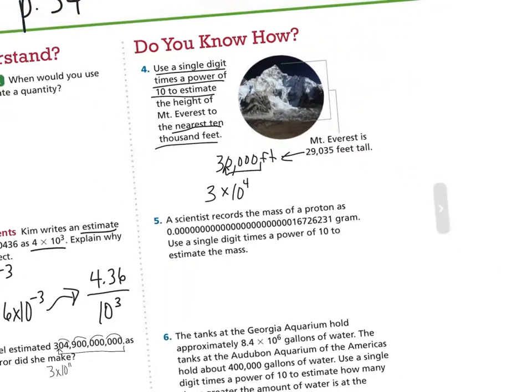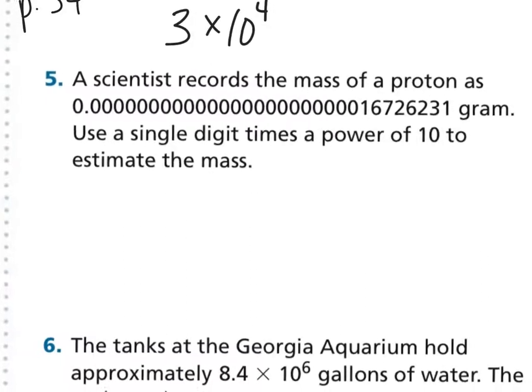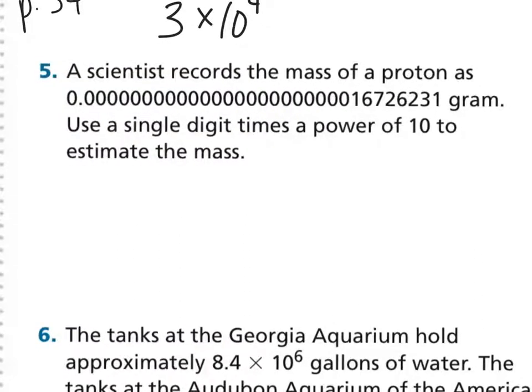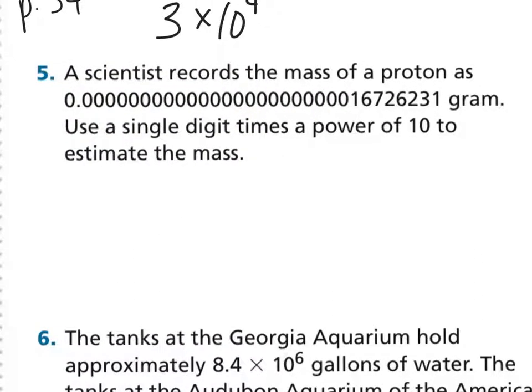If we look at number 5, this is the reason they use scientific notation. It's really hard to keep track of how big or small these numbers are like this. So a scientist records the mass of a proton as that part of a gram. Use a single digit times the power of 10 to estimate the mass. Okay, so we are estimating. If you'll notice, the first number we have that's not a 0 is the 1.